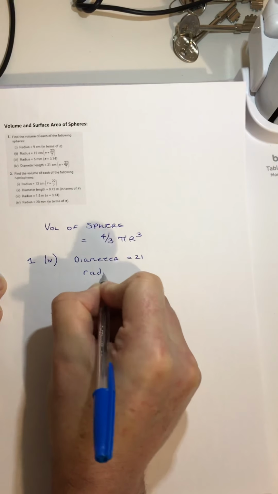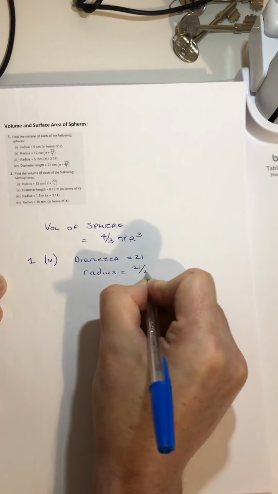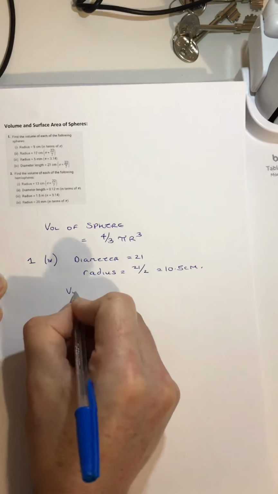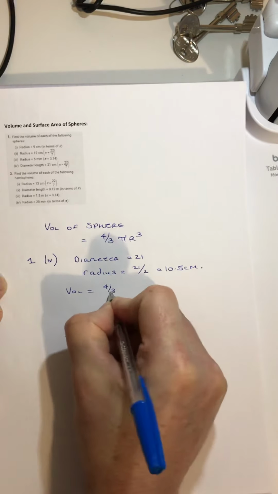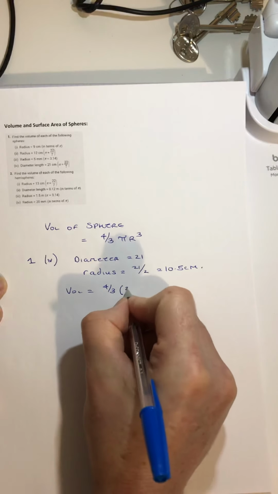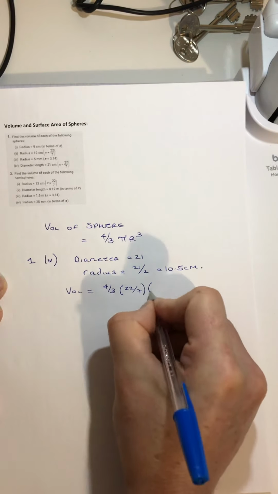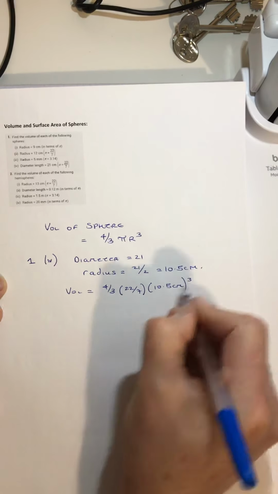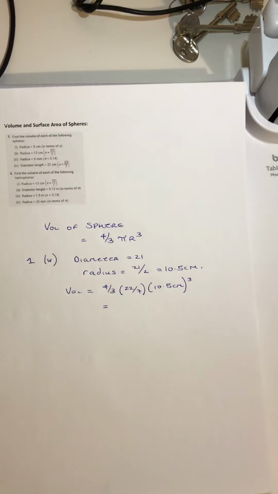So the radius will be 21 divided by 2, which is 10.5 centimeters. So the volume will be 4/3. They're telling us pi is 22/7 and the radius is 10.5 centimeters cubed. Don't mistake squares and cubes.